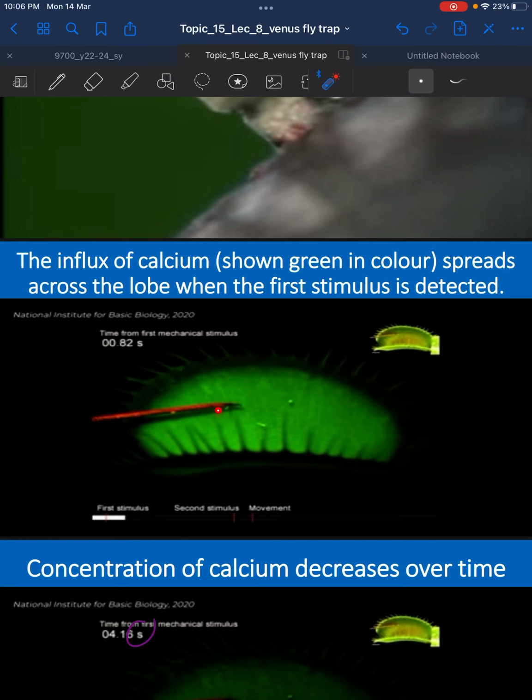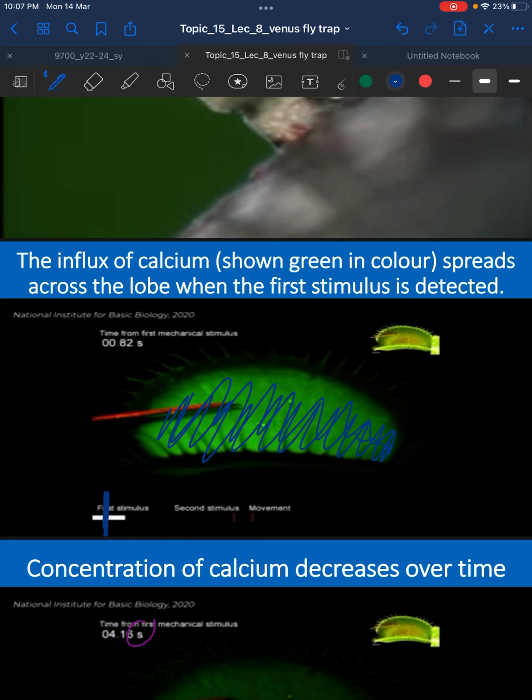It says here, this is the first stimulus. So you can see calcium influx. All of the lobe here, the green color shows the concentration of calcium going into the cells of each lobe.